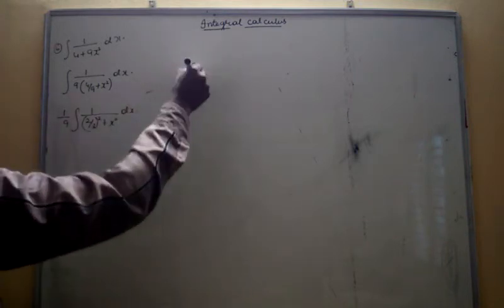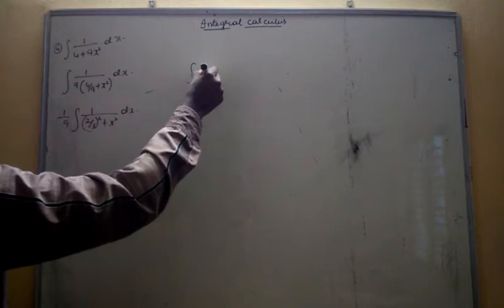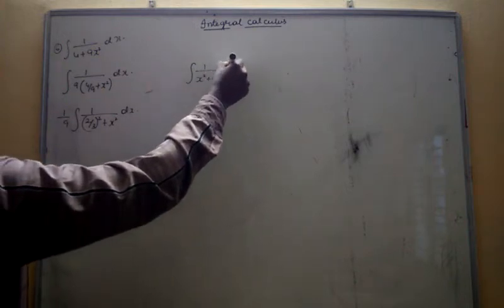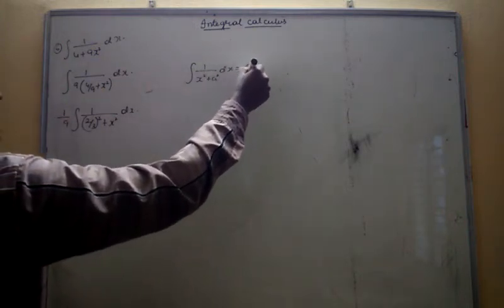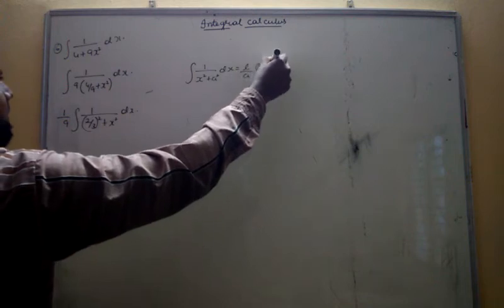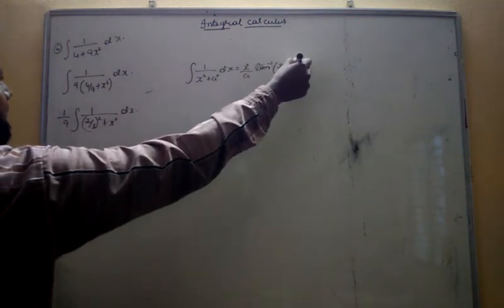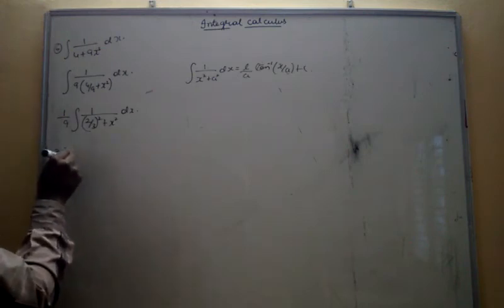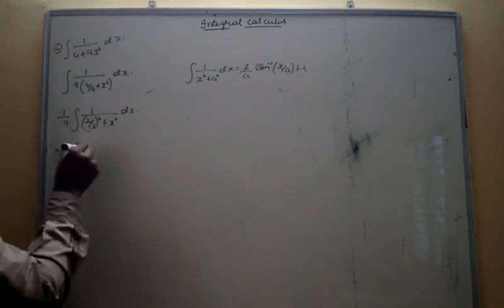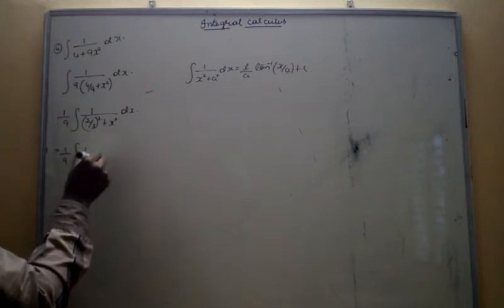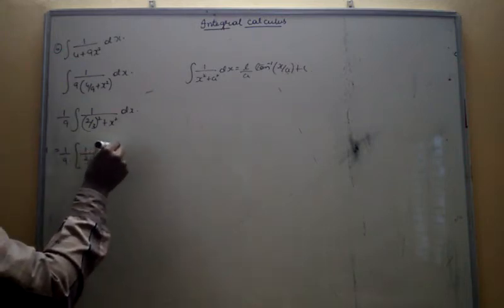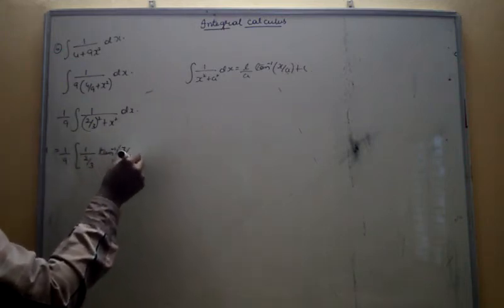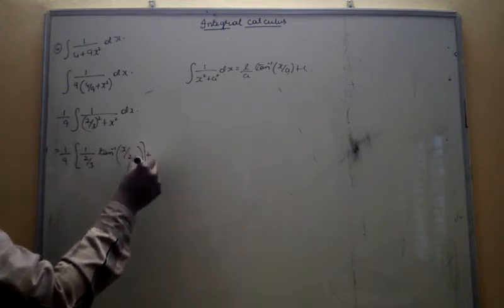Again, it is in the form of integration of 1 by x square plus a square dx is equal to 1 by a tan inverse of x by a plus c. If you apply the formula with 1 by 9, then 1 by a means 3 by 2, tan inverse of x by 2 by 3 plus c.